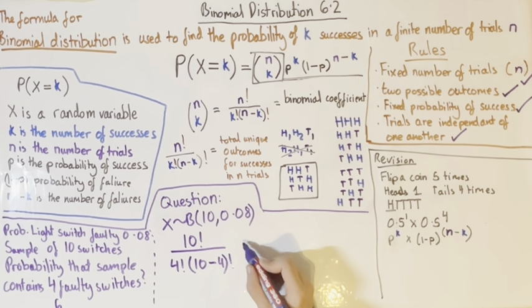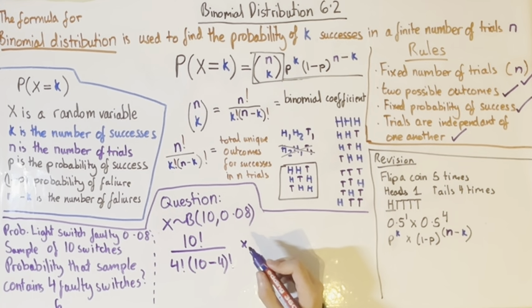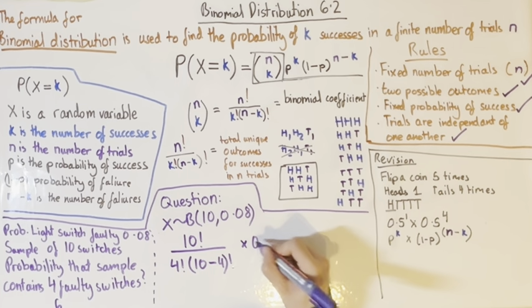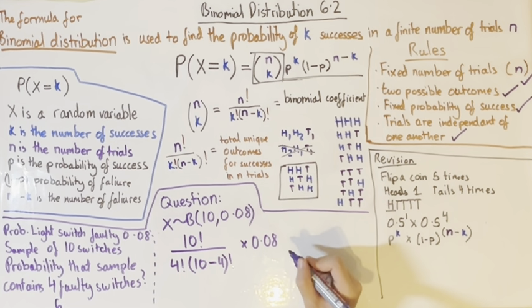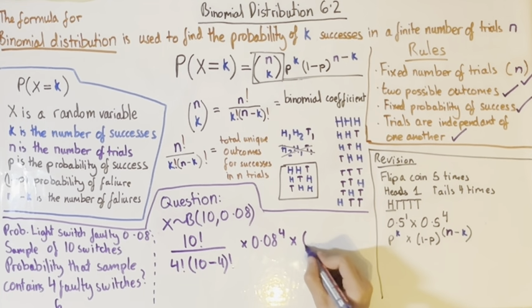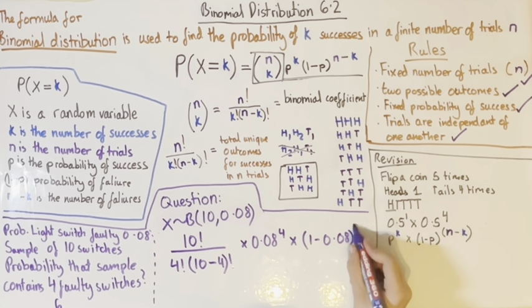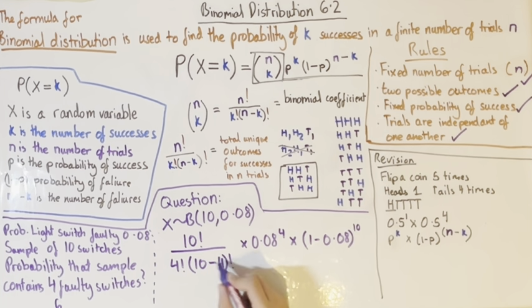And we times that by the probability of success, that's 0.08, to the power of our number of successes, which is 4, times 1 minus 0.08 to the power of n minus k, which is 10 minus 4, because we've had 6 failures.